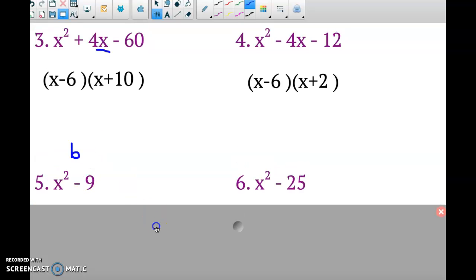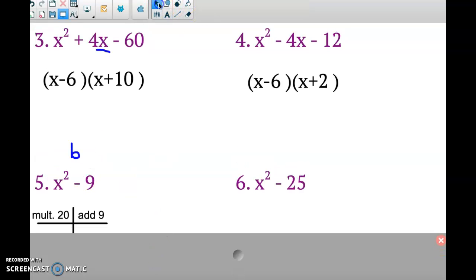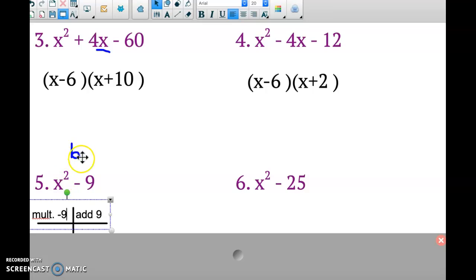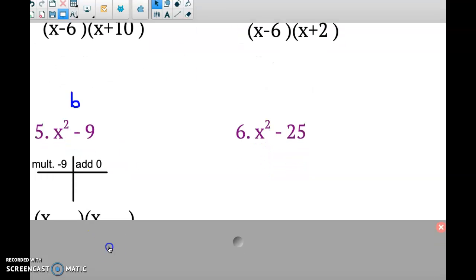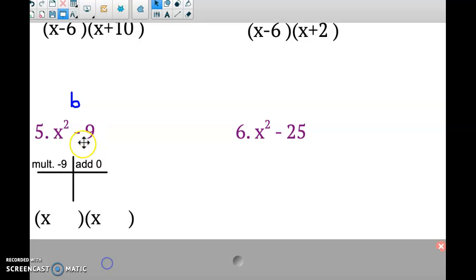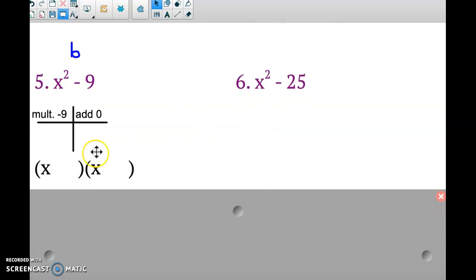So we're going to do it the same way with the chart, right? But now multiplies to c. My c is negative 9. What's my b value because it's missing? 0, okay? So that's the chart that we need to make. So go ahead, make that chart and factor these two last expressions here. Pause it and go ahead and factor.